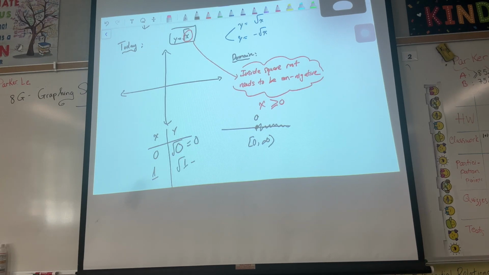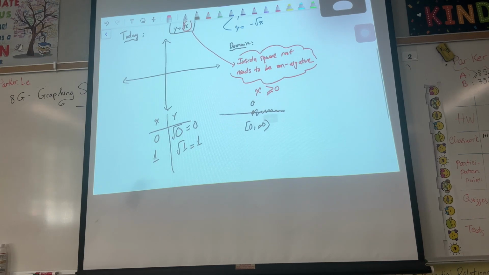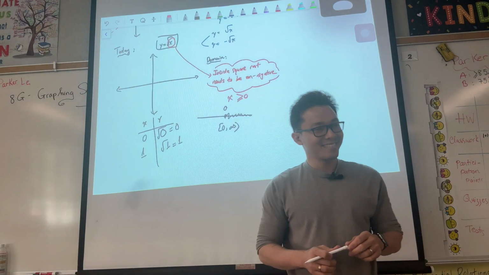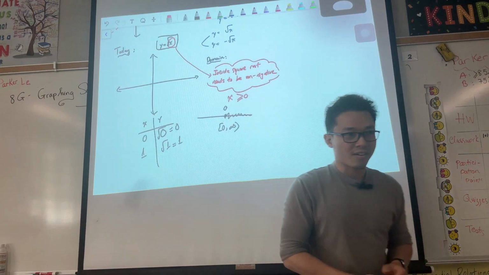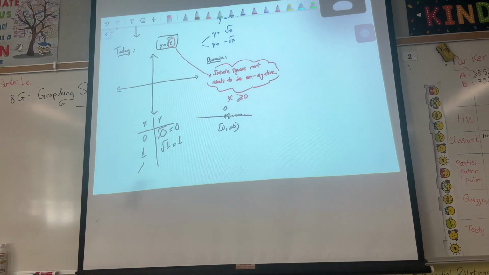What else? I need one more point. I need 3 points. 2? You think 2 is good? The square root of 2 is not good. So 4. Why is 4 good? Because the square root of 4 is 2. It's a beautiful number. So long story short, we want the inside of the square root to be, what is the name? Perfect square. Awesome.